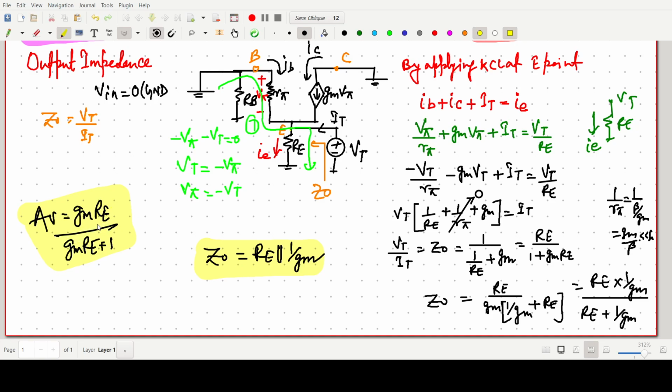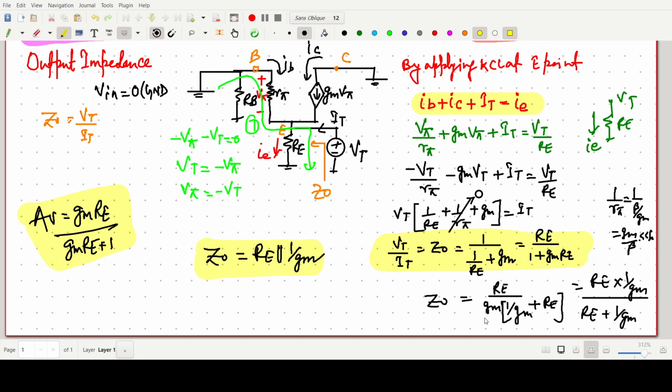By using this expression, KCL at point E, we have derived this value is gm Re. So this is simply our output impedance, which through the traditional method we can find.